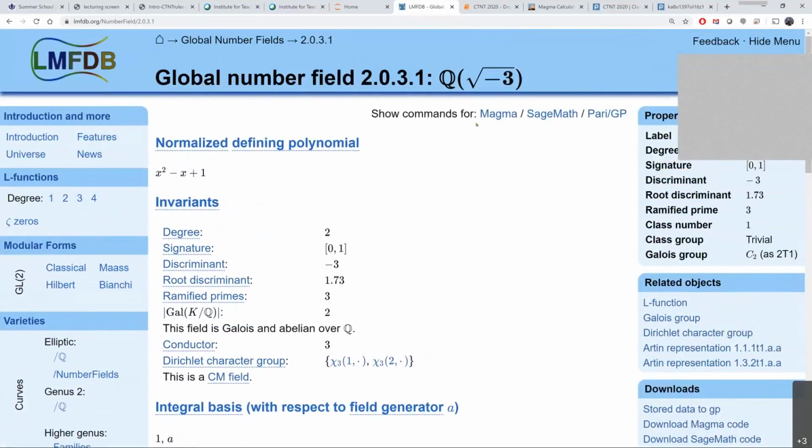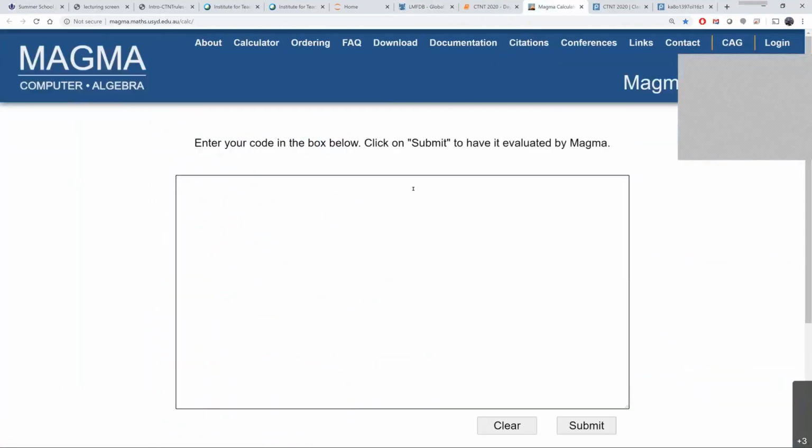So for example, I can go to Magma and define that number field. Let me not mix Magma and Sage code.